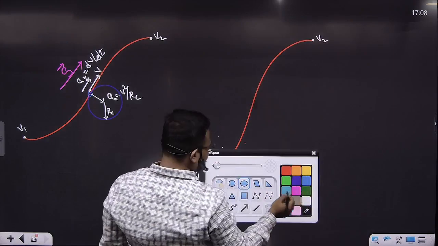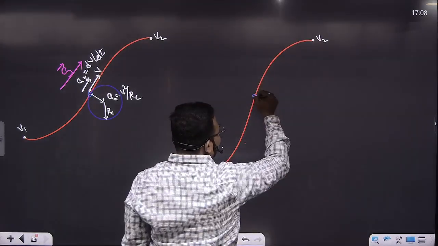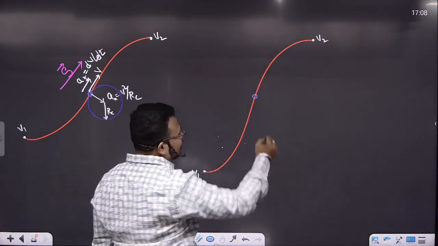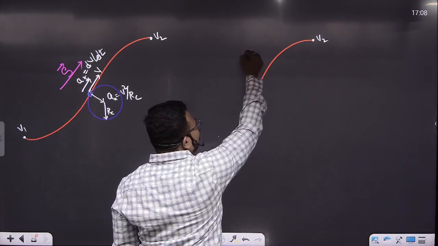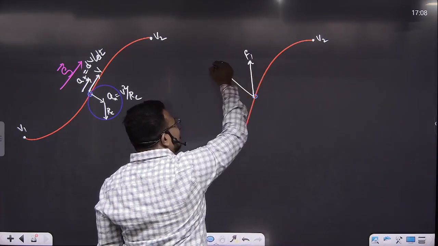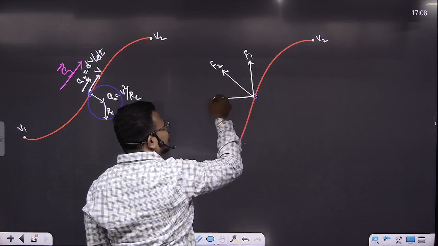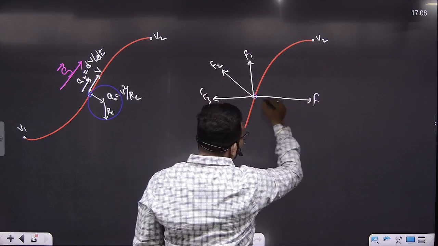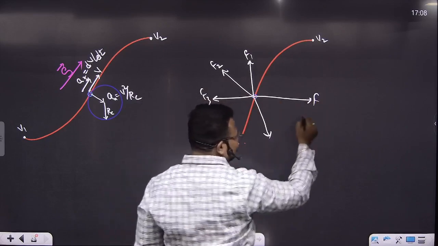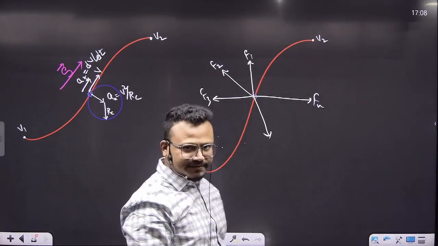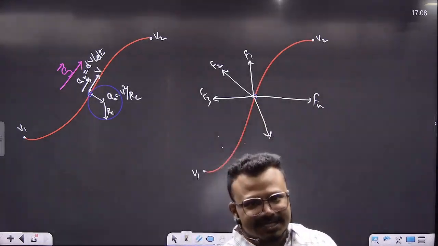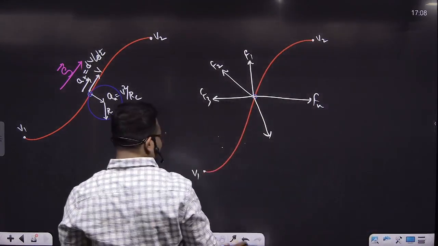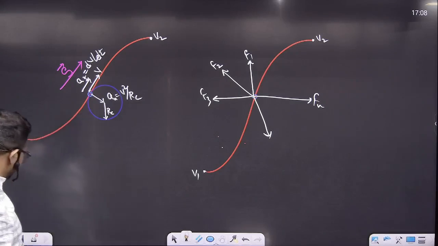On this particle, many forces are acting: F1, F2, F3, and so on till Fn. Work done says that it is F dot ds. I will change the page and write it.